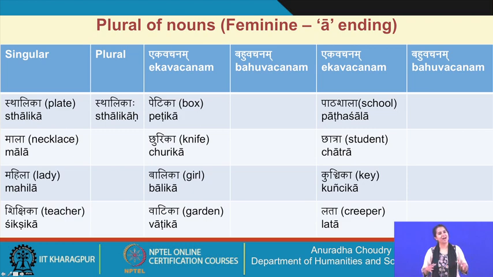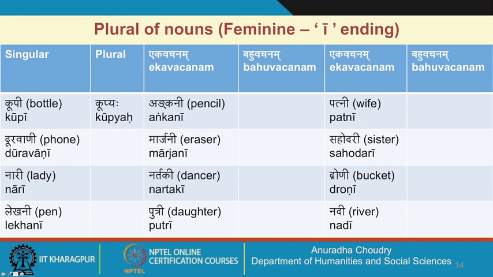Balika, balikaha. Vatika meaning garden, vatikaha. Pathashala, pathashalaha. You're really getting a hang of it, I'm sure by now. So a female student is chhatra, chhatraha. Kunchika, kunchikaha. Lata, lataha. Excellent, uttamam.